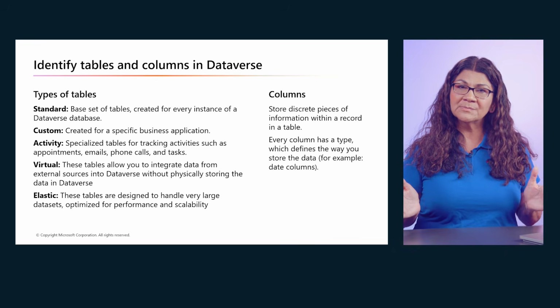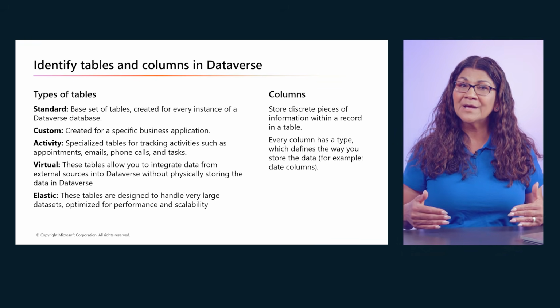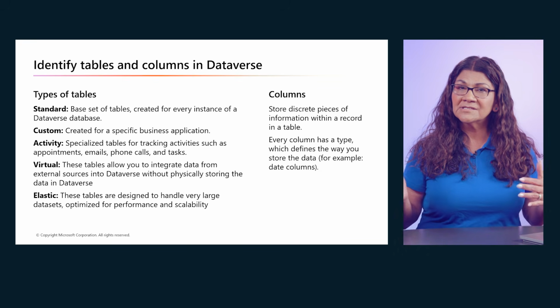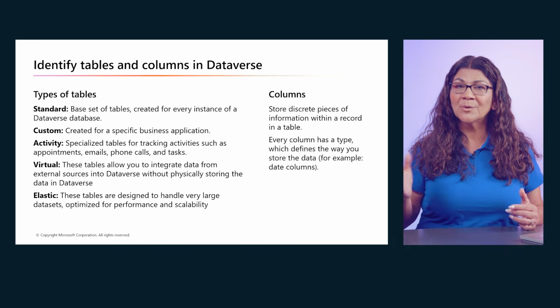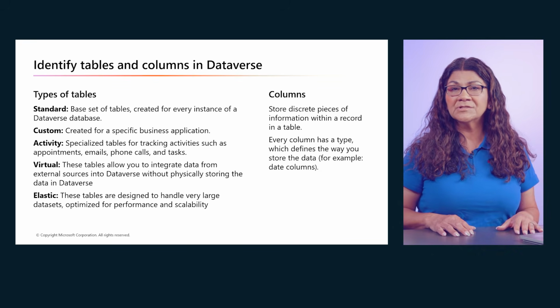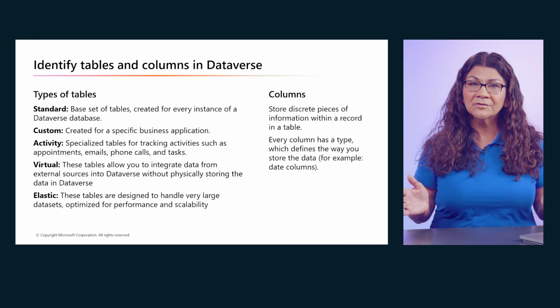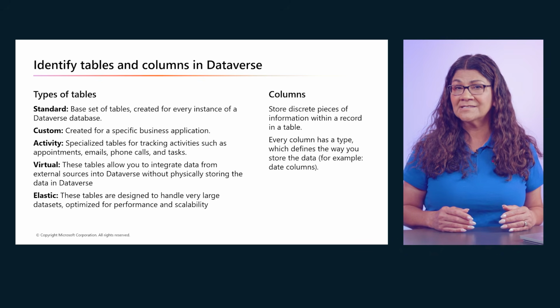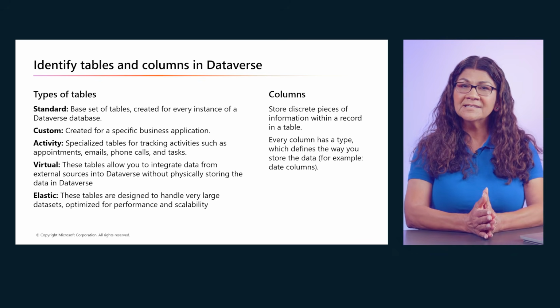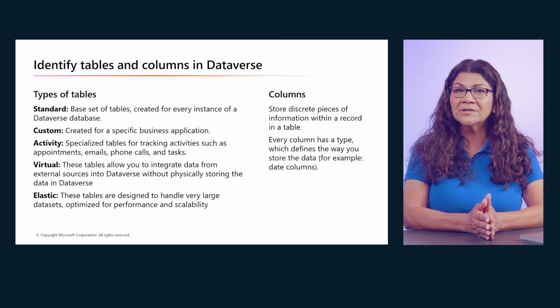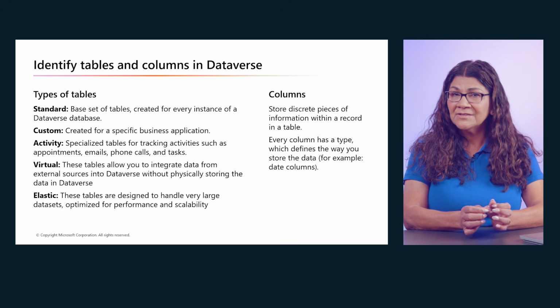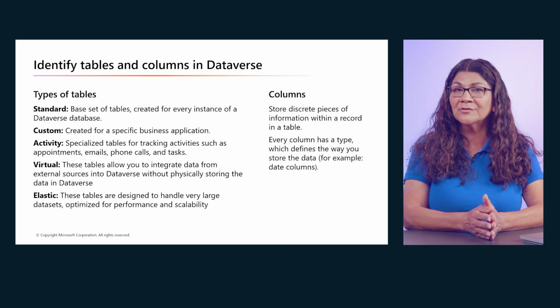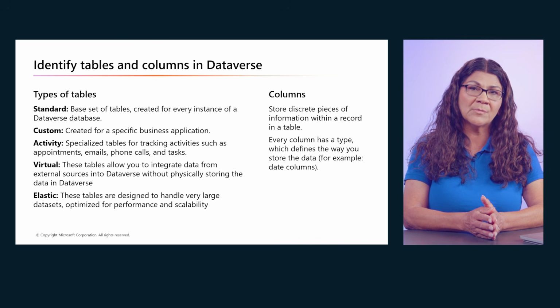Activity tables are specialized for tracking time-based interactions, such as emails, phone calls, appointments, and more. These are particularly useful in service-oriented industries where tracking communication history is essential. For instance, a customer support team can use activity tables to log and monitor follow-up calls and service appointments.